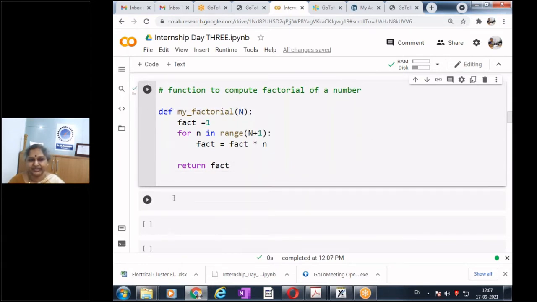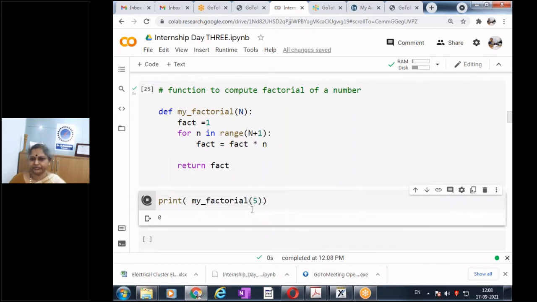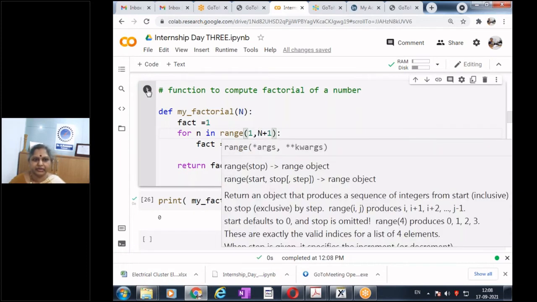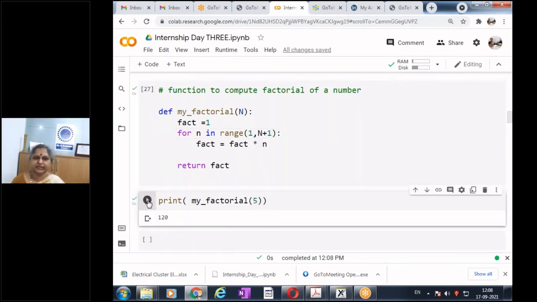I will run it and then print my factorial of, let us say, 5. And let's run it. Let's run it.